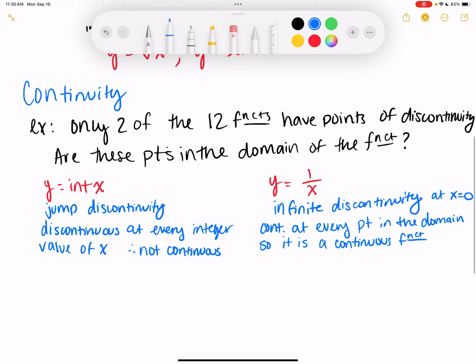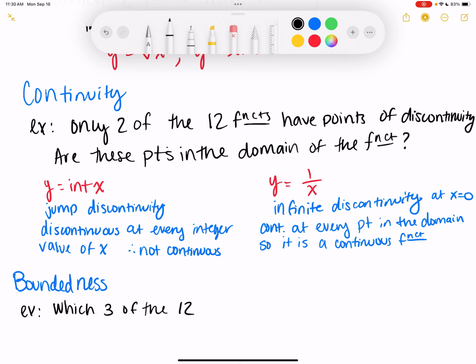This next one is boundedness. And it says, which 3 of the 12 functions are bounded, which means above and below.